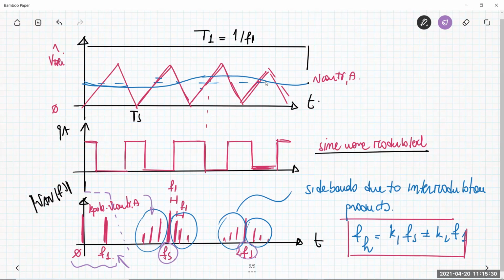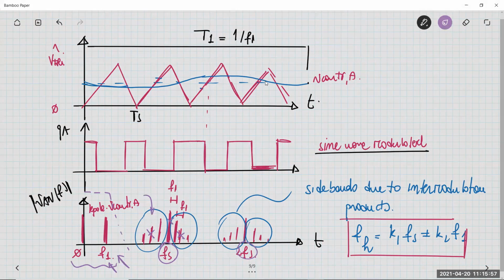Okay, so there will be some specific techniques by which I can modulate the control signal in order to, for example, eliminate some of these intermodulation products, etc., in order to make easier the filtering of what I am interested in. So, for example, the frequency F1. Okay, this is done. So this is something that we can study later.